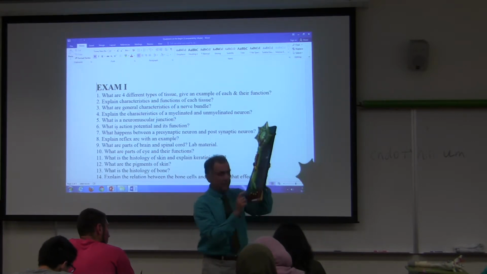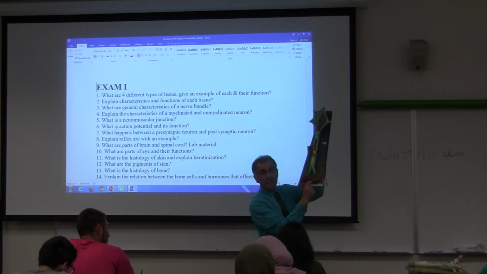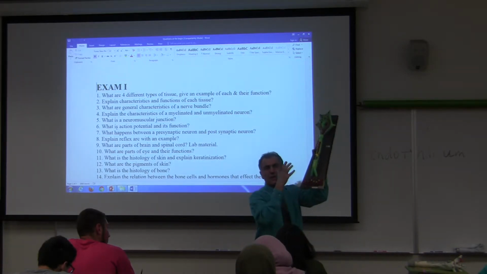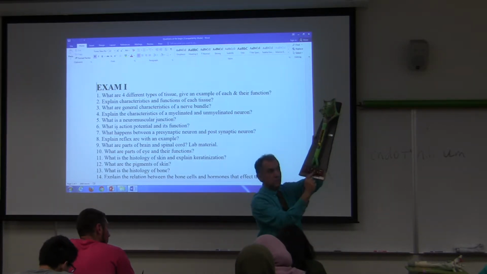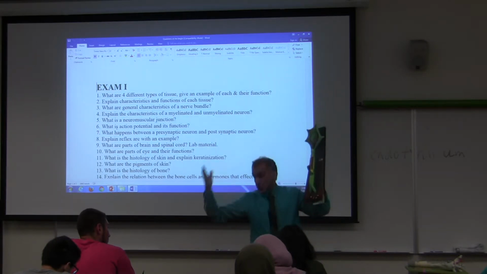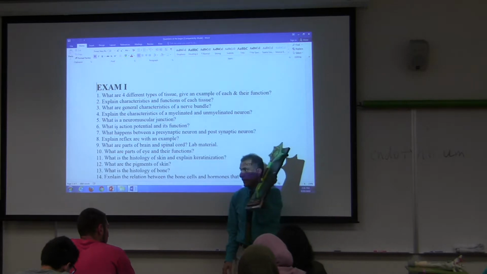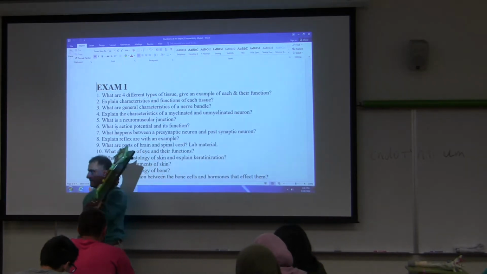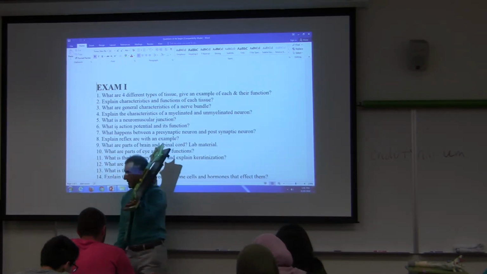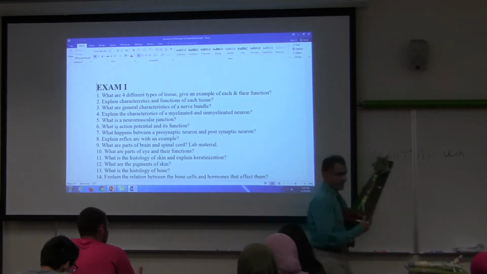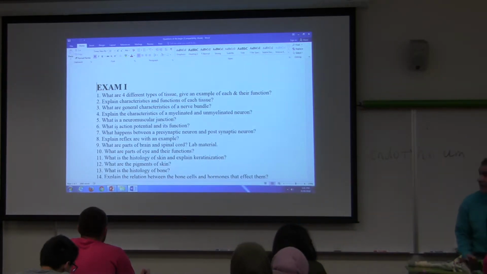So the gap between the axon terminal and the muscle is called the neuromuscular junction. I hope I'm making some sense. You do have a slide of this in the lab.